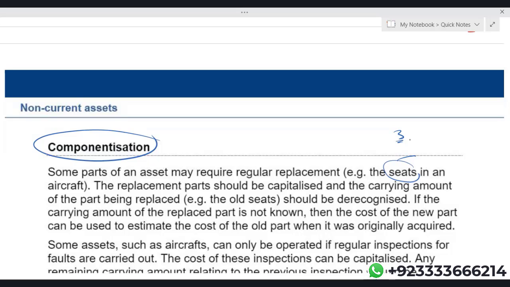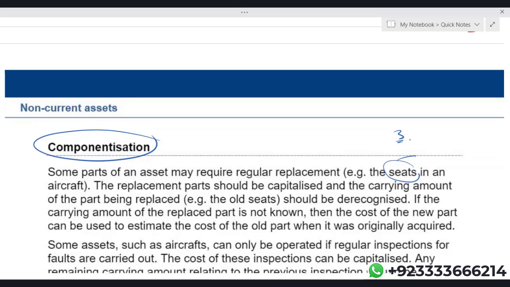Repeat: in case of componentization, where the asset is itself a combination of multiple components, each having a different useful life, the main concept is only one. Each component will be depreciated separately over its own useful life.